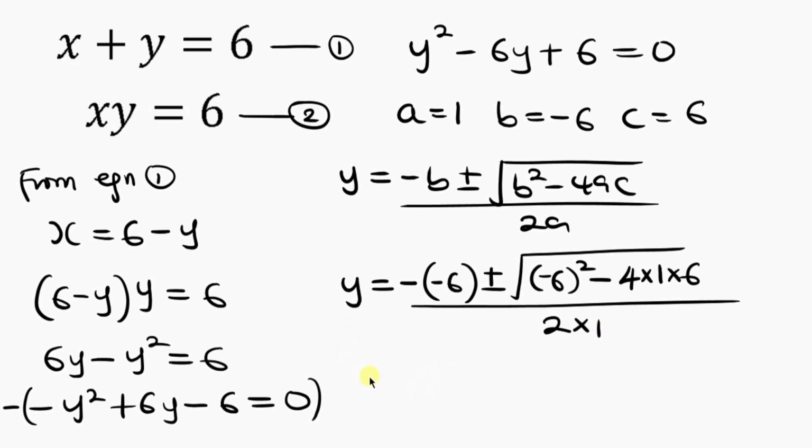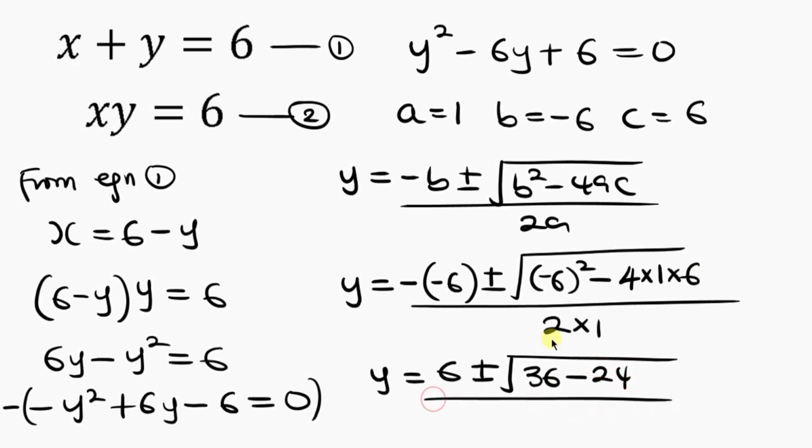This is going to be y equal to minus times minus makes this one positive plus or minus. Are you seeing that? So square root of, what is the square root of negative 6 squared? That's going to be 36 minus 4 times 1 times 6 is 24. So divide by 2 times 1 is 2.